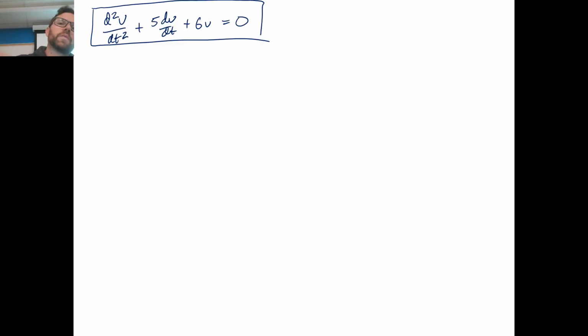All right, so starting on the next page, I'll just write it again so we have it clear in front of us. We're going to try again. So some function satisfies this differential equation. And so we're going to try v of t is equal to A e to the st, some exponential.